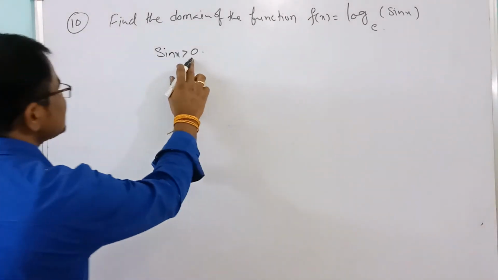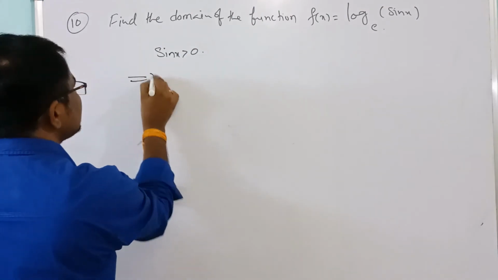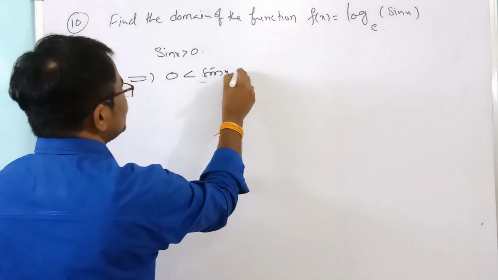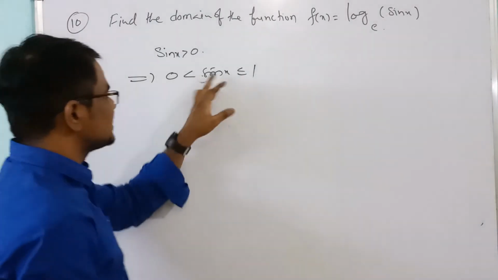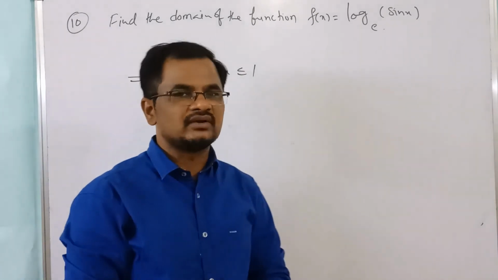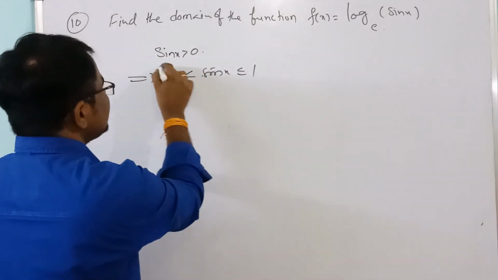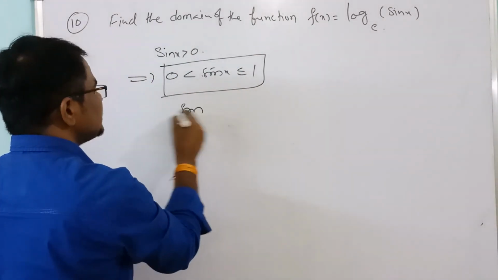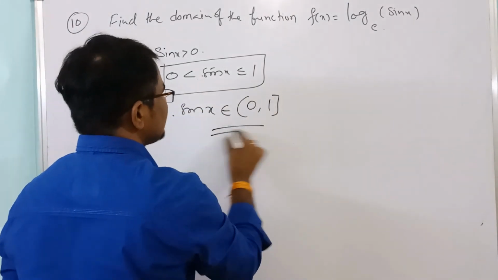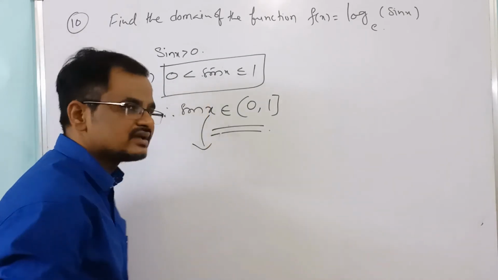So that implies 0 less than sin x less than or equal to 1, because the maximum value of sin x is 1 only. Therefore sin x belongs to the open interval 0 to the closed interval 1. Then what about the x value being asked?